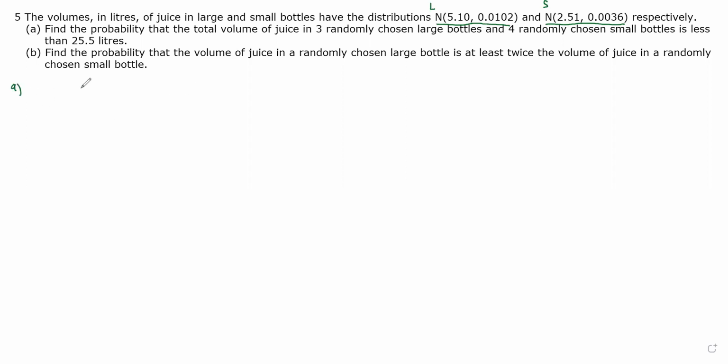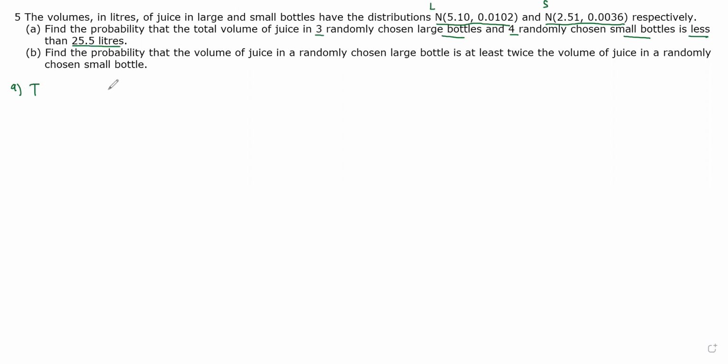0.0036. Part A, find the probability that the total volume of juice in 3 randomly chosen large bottles and 4 randomly chosen small bottles is less than 25.5 liters.